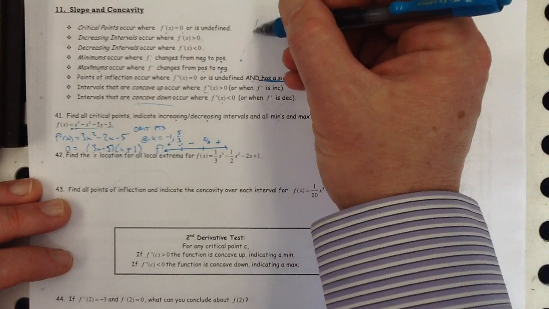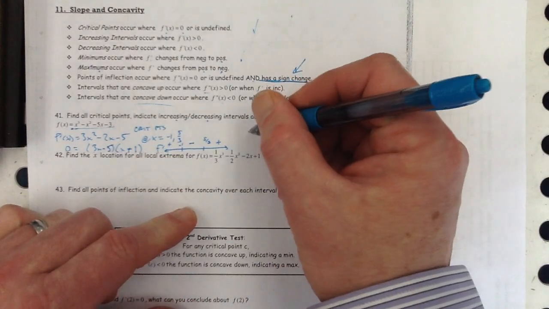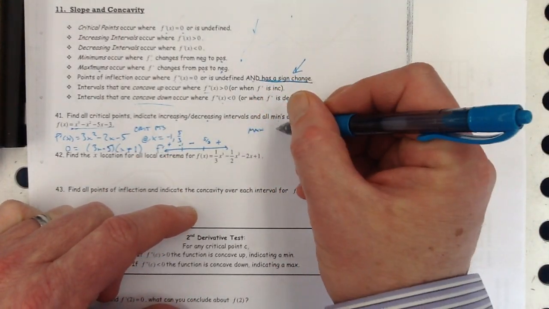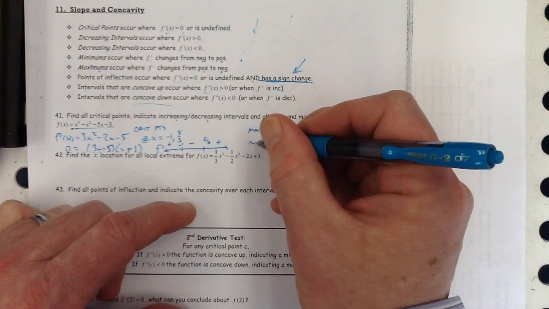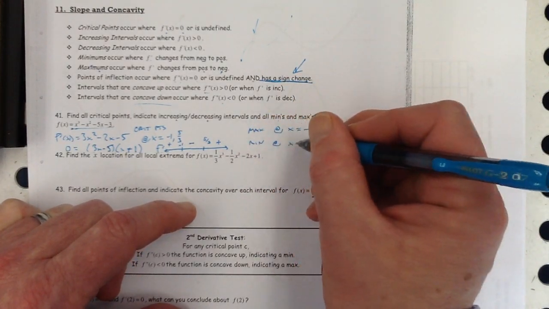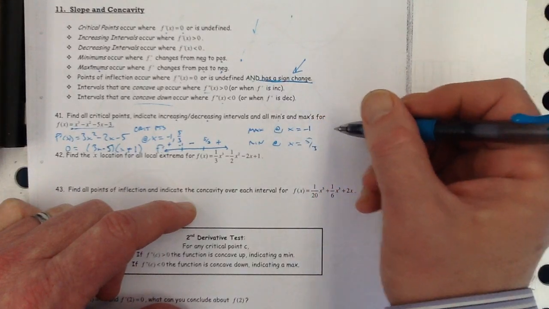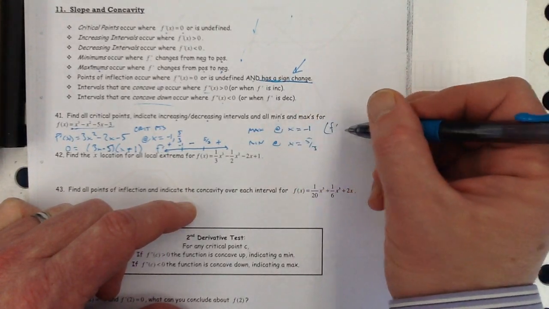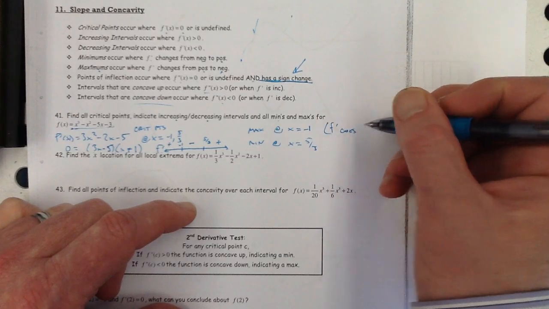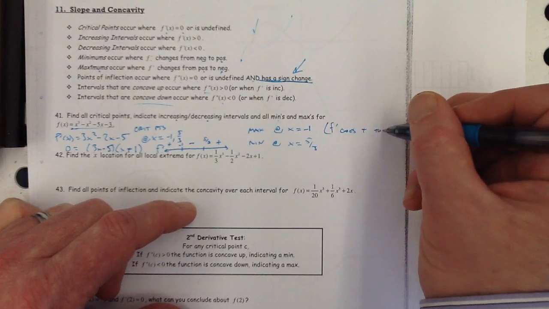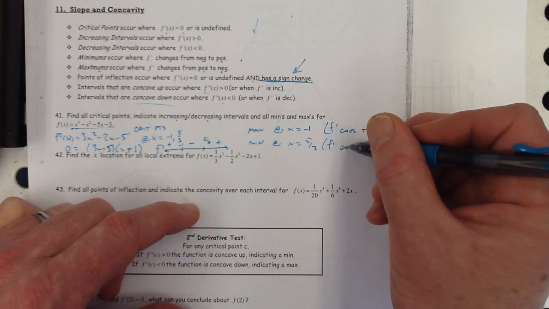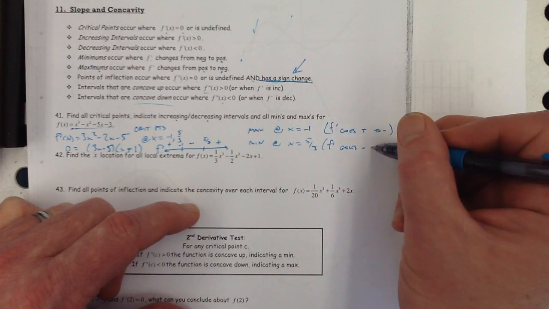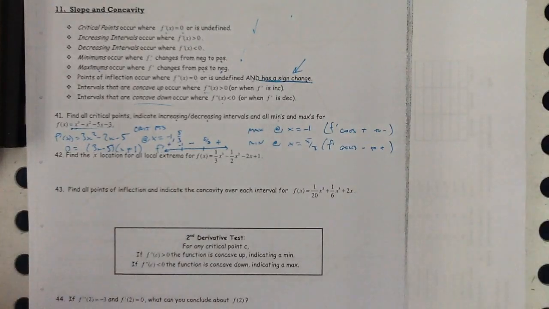So I know the first thing that we come across here, there's a maximum at x equals -1, and there's a minimum at x equals 5/3. And our justification: f prime goes from positive to negative, and this is a minimum because f prime goes negative to positive.